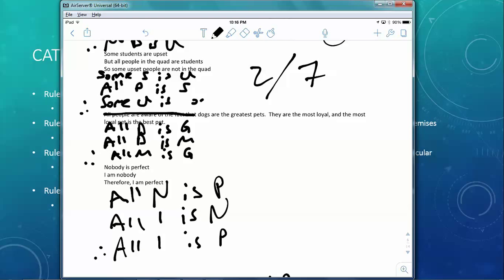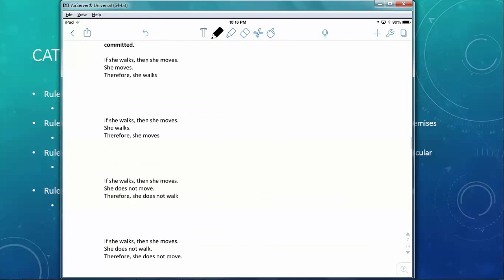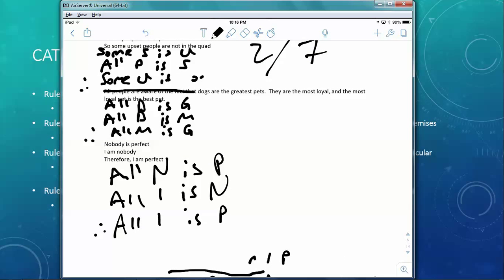So, for example, if I want to say something like, off the top of my head, some people don't like Brussels sprouts. They are terrible. It tastes like earwax.